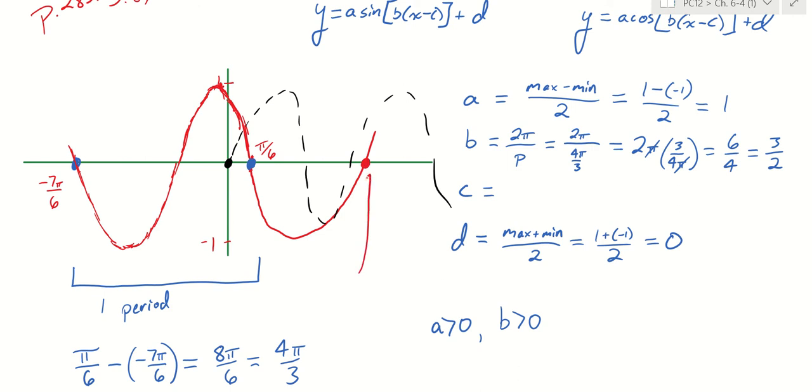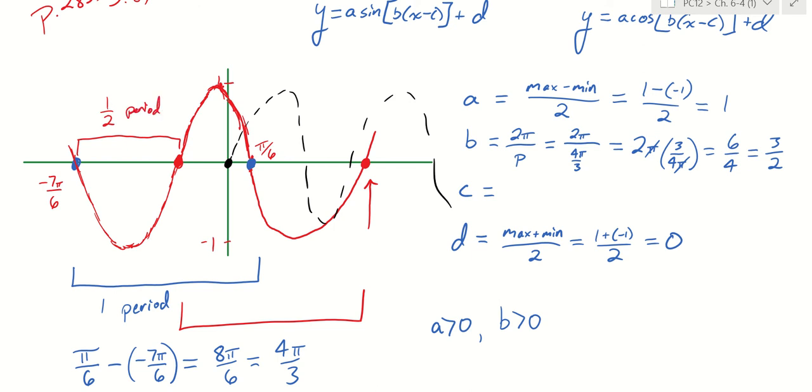We know that this point would be 1 full period away from this particular point, and the distance between this point and that point is a half period.